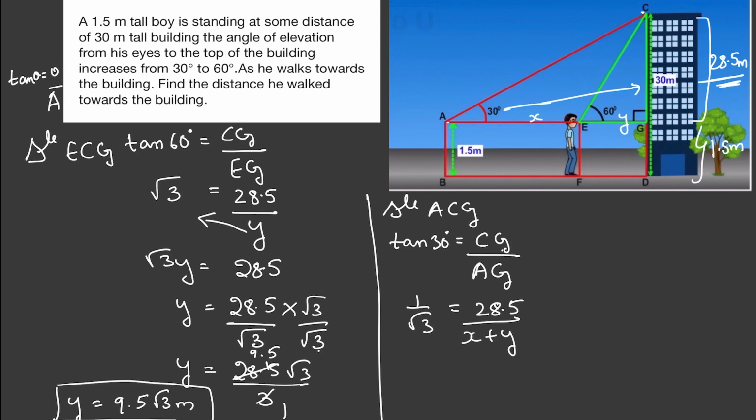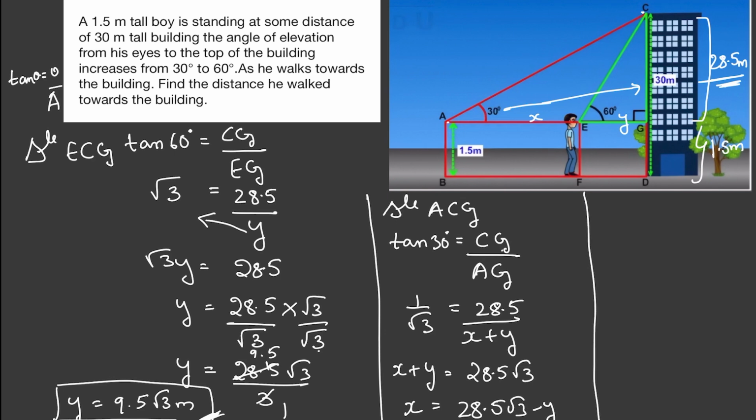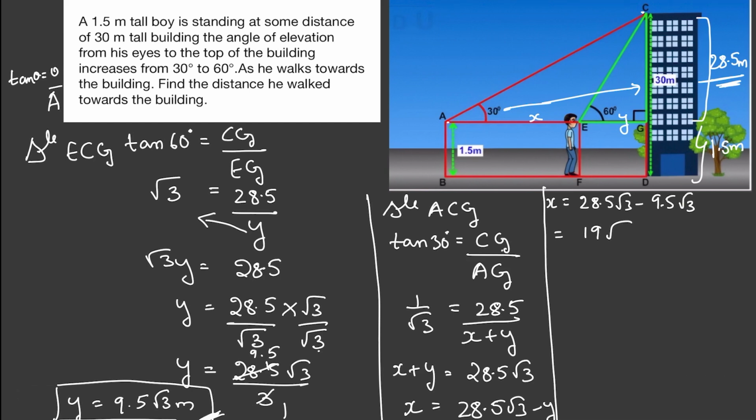Taking x plus y to LHS, it goes to the numerator, 28.5 into root 3. We all know the value of y is 9.5 root 3. Hence, x is equal to 28.5 root 3 minus y. Let us substitute the value of y. x is equal to 28.5 root 3 minus 9.5 root 3, that is equal to 19 root 3 meter.